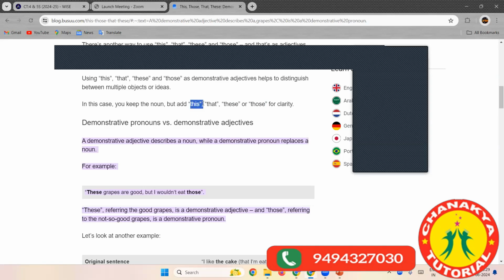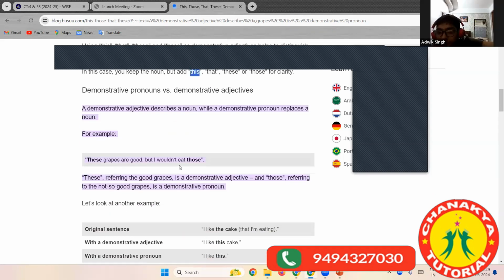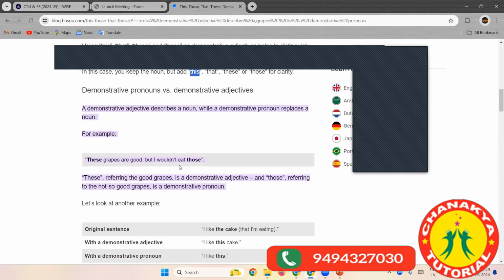If I'm using this in some area, so that acts as demonstrative pronoun or demonstrative adjective. Like that. Now getting it? Both of you? Yes, ma'am. We will see the example. Don't have to worry for that.